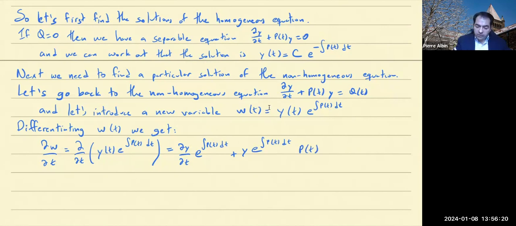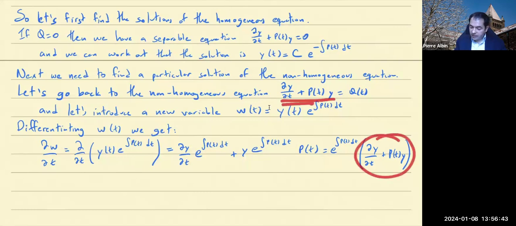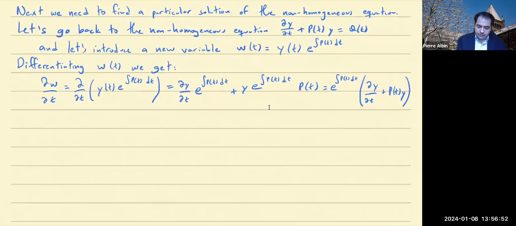Okay, so notice that we can pull out a common factor, the exponential, and then we're left with dy dt plus p of t times y, right? Which is exactly the left-hand side of our equation, right? So that means I can replace this with q of t. Right, so altogether I have e to the integral of p of t dt times q of t.